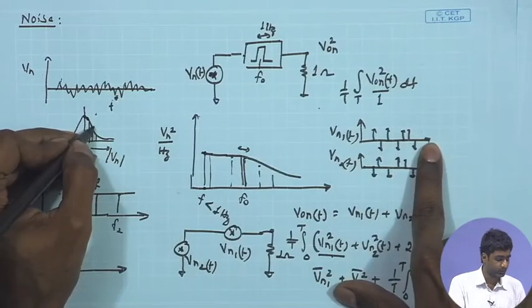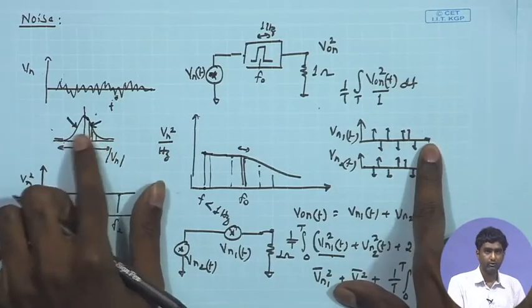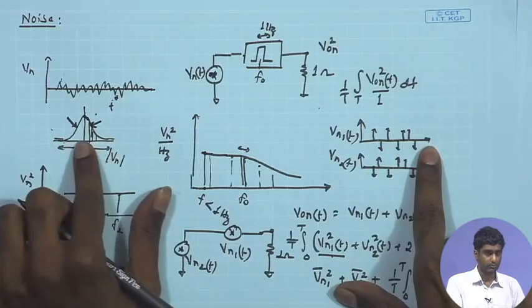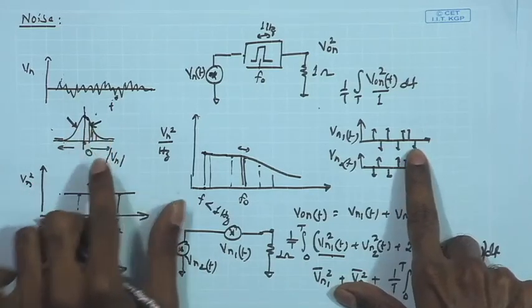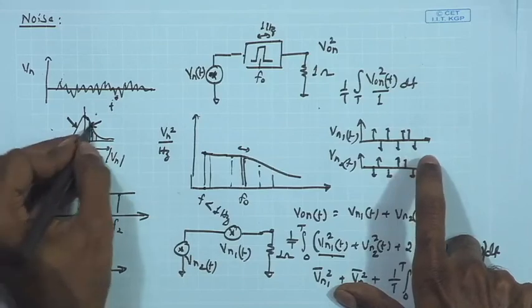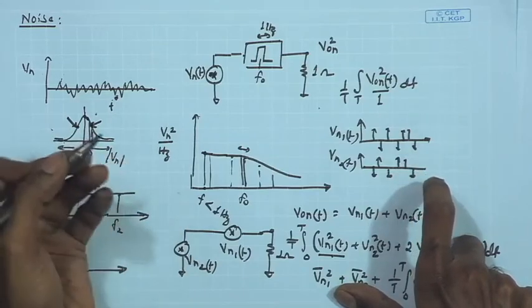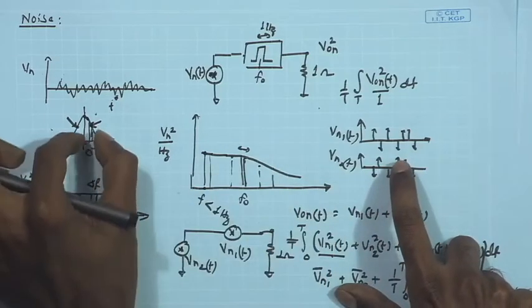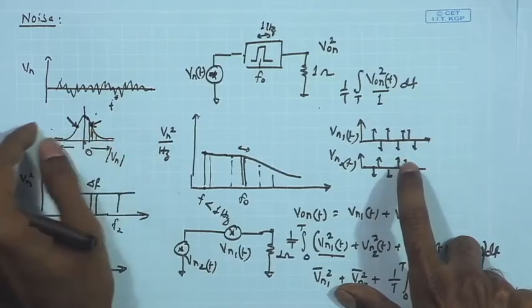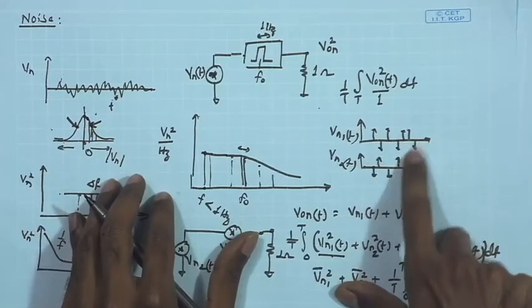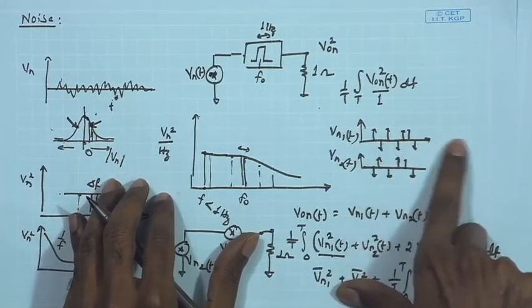I am picking up only two certain amplitudes, this one and this one. For that, the distribution is almost equal. So, the probability of the noise acquiring this positive amplitude and this negative amplitude is equal. Therefore, if I pick two amplitudes +1, -1, their probabilities are going to be almost equal.